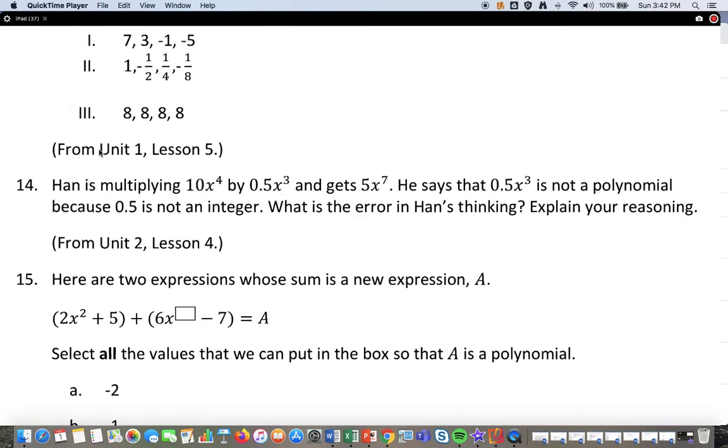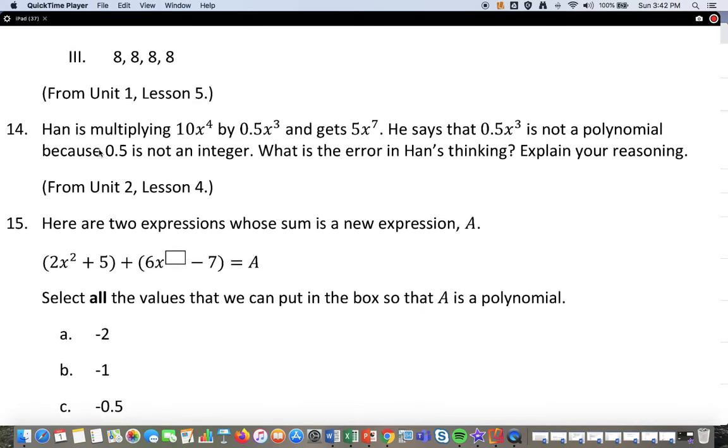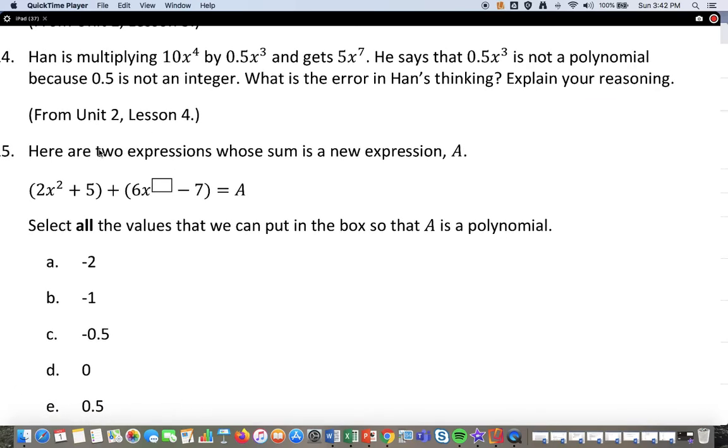Number 14, Han is multiplying 10x to the 4th by 0.5x cubed and gets 5x to the 7th, which is great. He did that correctly. He says that 0.5x cubed is not a polynomial because 0.5 is not an integer. What's the error in Han's thinking?